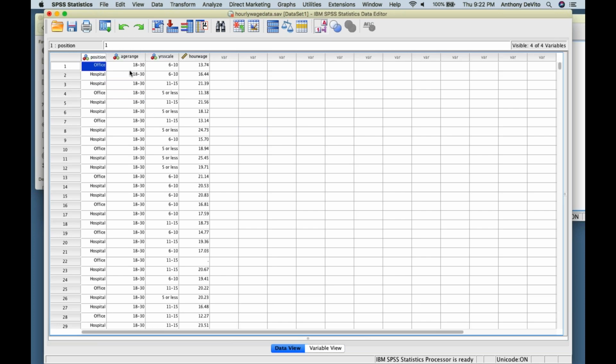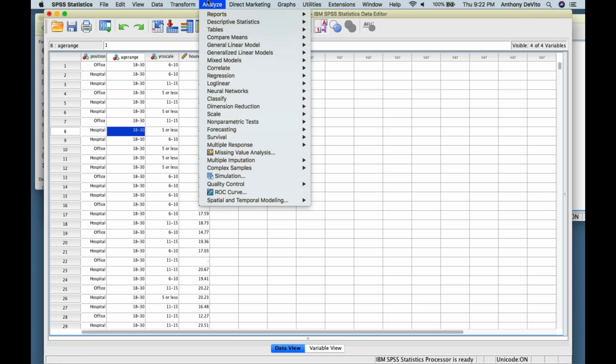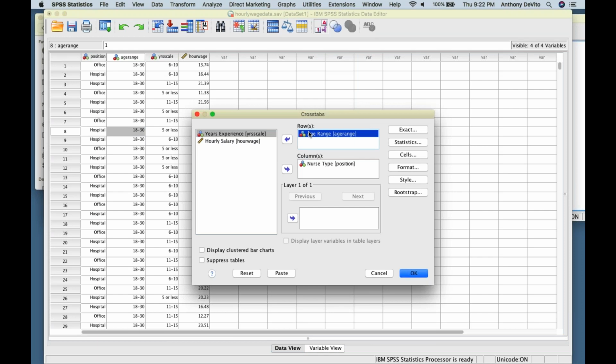You would expect that office nurses could have been in different age ranges, each one of these. I would have expected something different. Somebody did a real bad job with this data. Okay, let me just do a quick analysis here, just to see if I can get a difference. Crosstabs. But this time I'm going to do type of nursing position and the years of experience. See if I can get something out of this anyway.